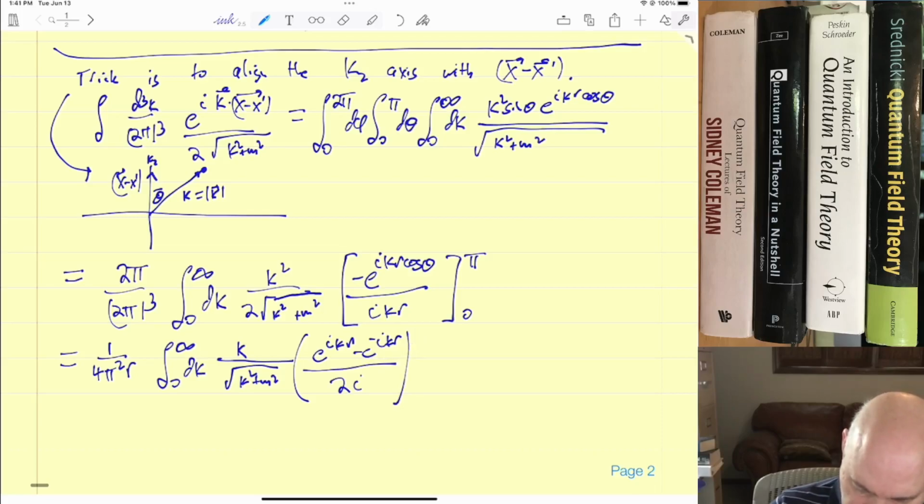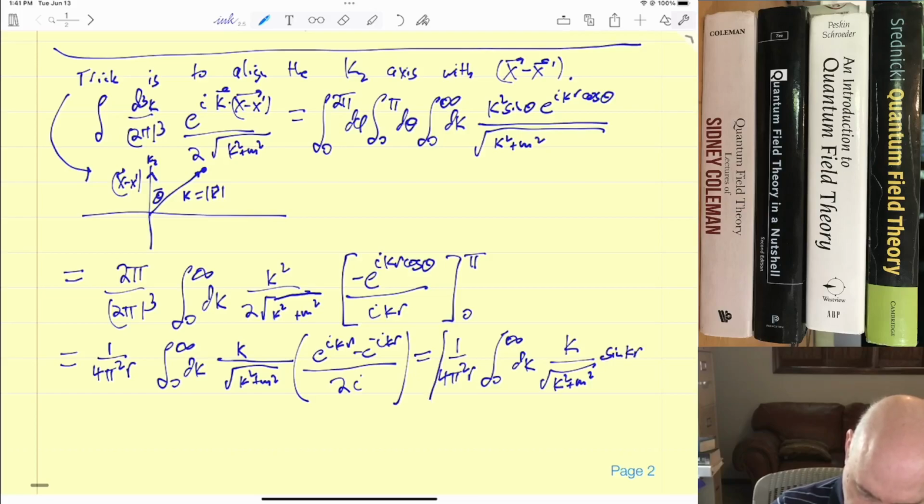And this is equal to 1 over 4 pi squared r, the integral from 0 to infinity, dk k square root of k squared plus m squared sine kr. Okay, so this is what we worked it out to.